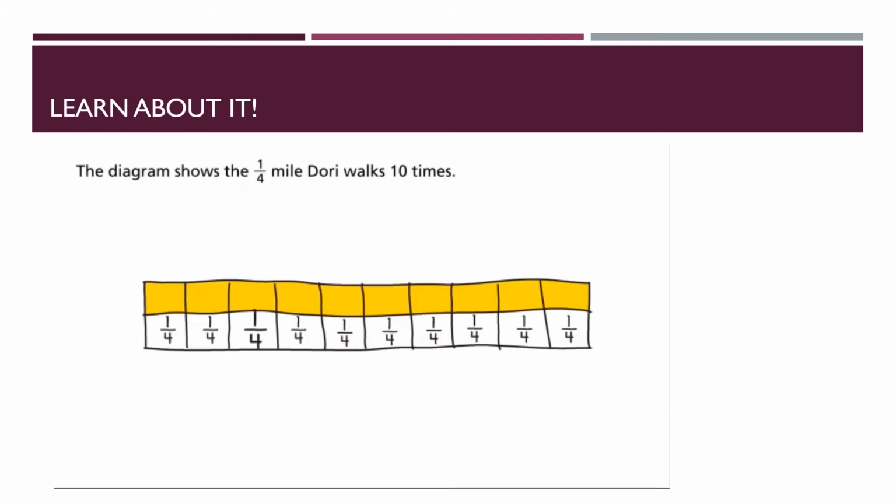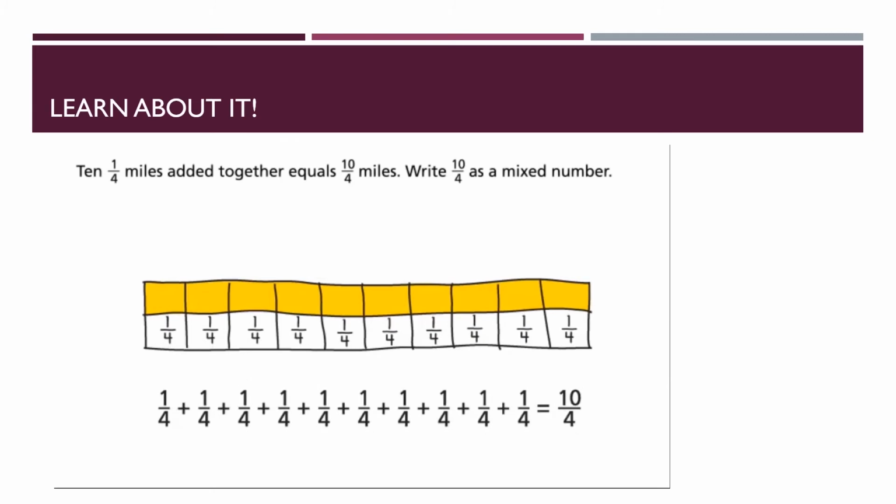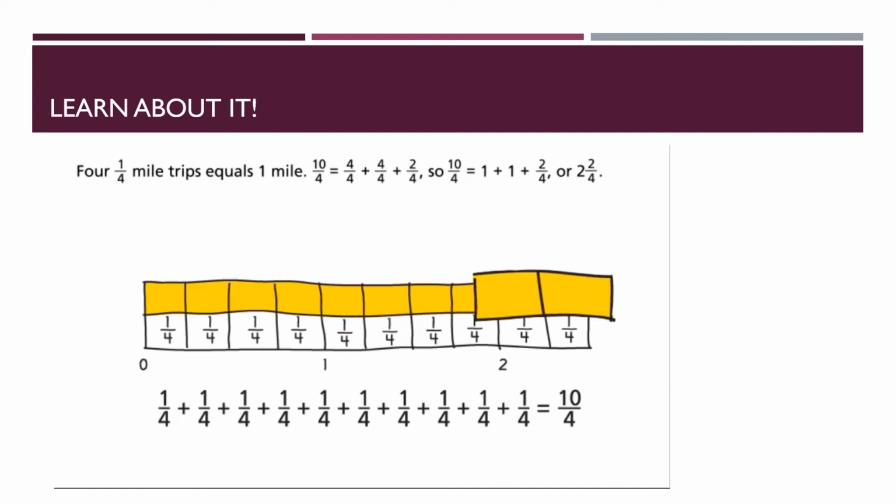The diagram shows the 1/4 mile Dory walks 10 times. 10 1/4 miles added together equals 10/4 miles. Write 10/4 as a mixed number. 4 1/4 mile trips equals 1 mile. 10/4 equals 4/4 plus 4/4 plus 2/4.